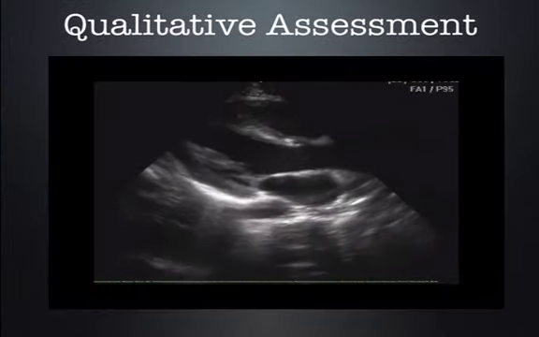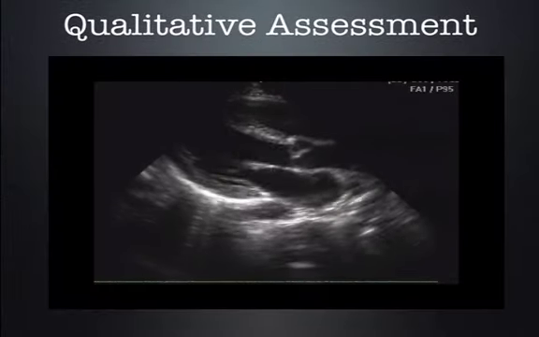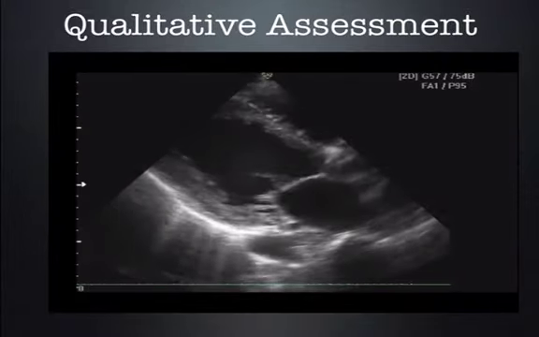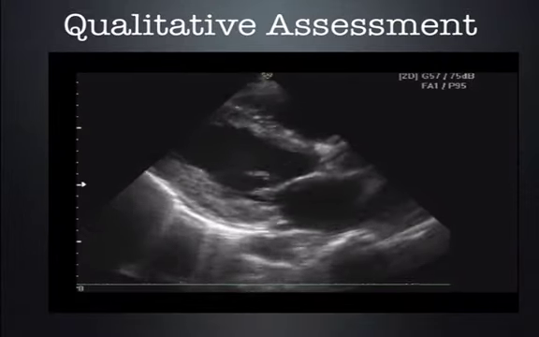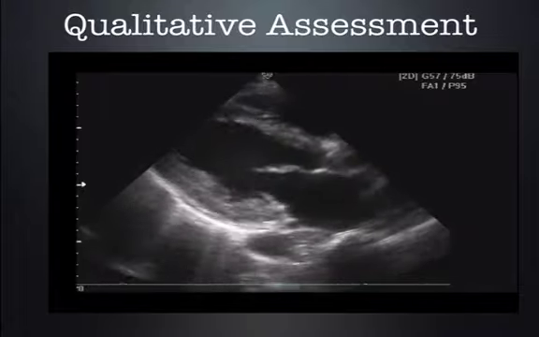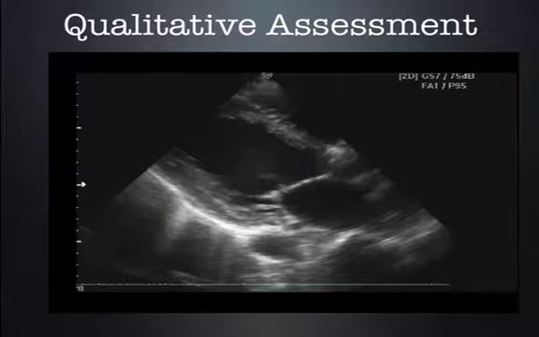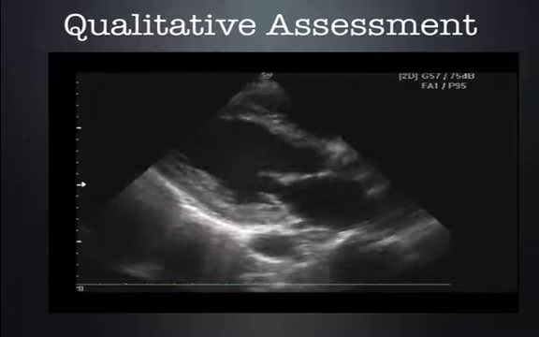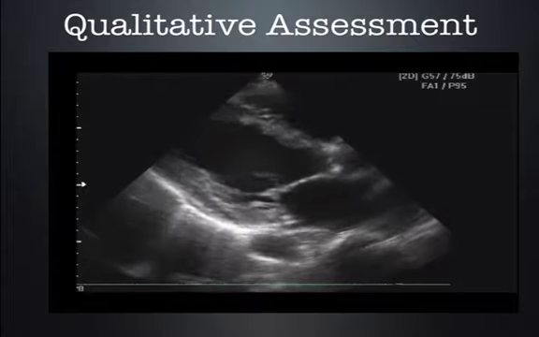So let's compare this one, which we've already determined is a normal ejection fraction, to this one. You can see the difference between your end diastolic and end systolic volumes is a lot less than the normal ejection fraction. So I would classify this as a moderately to severely depressed ejection fraction.